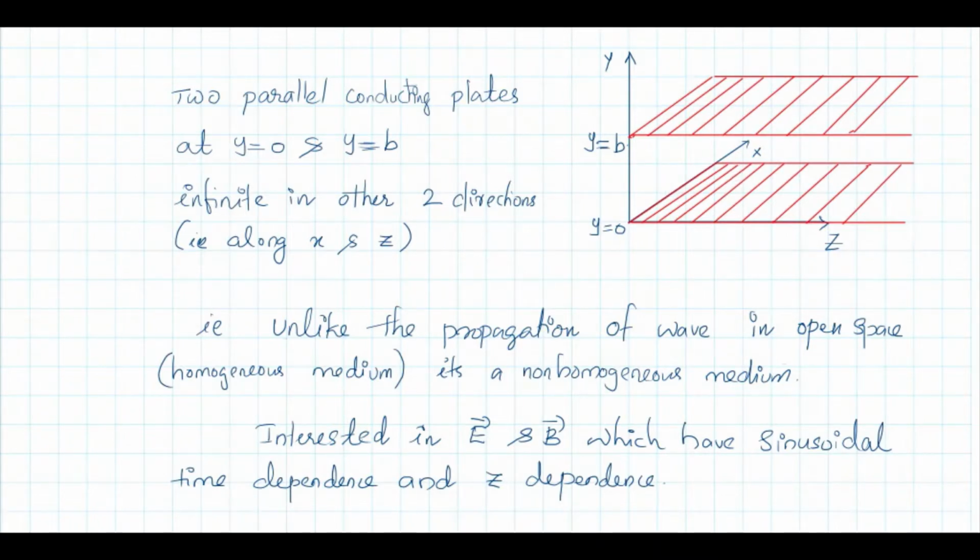Okay, we are interested in the electric field and magnetic field which have sinusoidal time dependence and z dependence. That is, we are looking for solutions which are propagating sinusoidally along the z direction and which are sinusoidal in time. Okay, these are the two assumptions: the sinusoidal time dependence and z dependence.